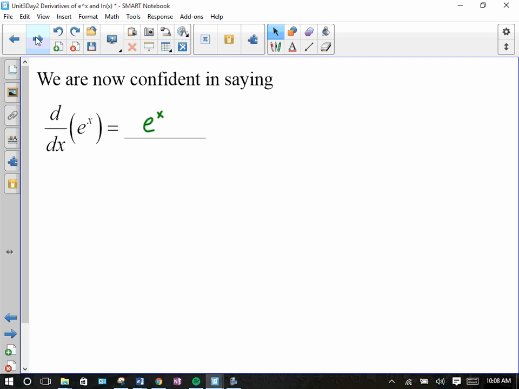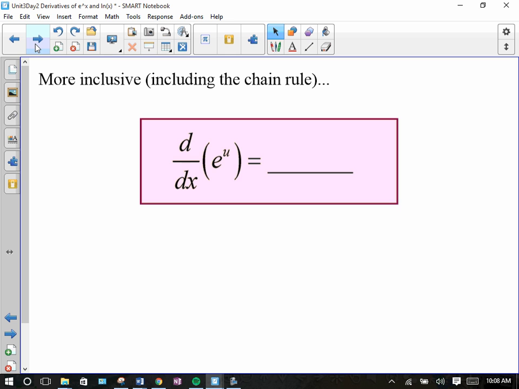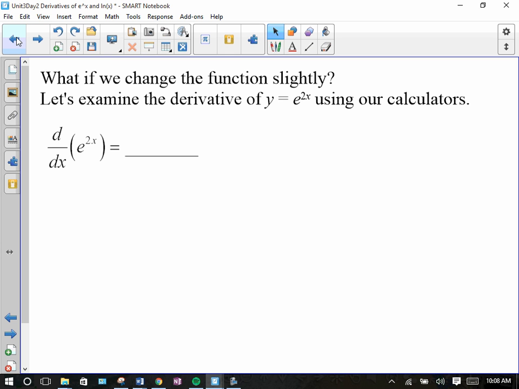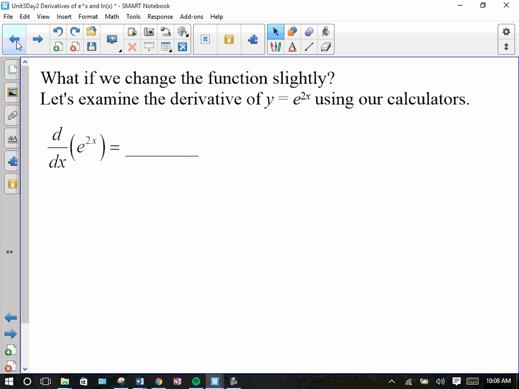Now, we're not going to examine that in our calculator. We have to include the chain rule because of e to the 2x. The derivative of e to the x is e to the x, so instinctively you might be tempted to say that the derivative of e to the 2x is e to the 2x.